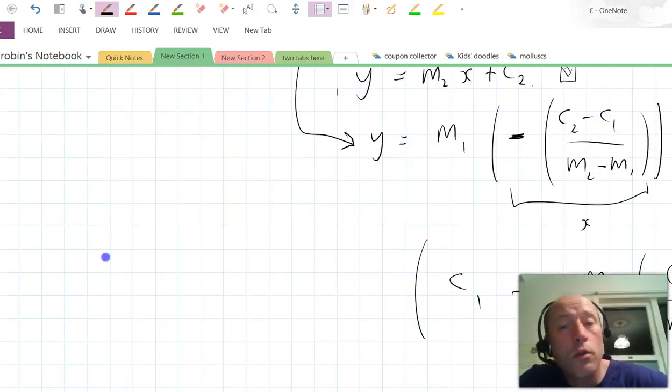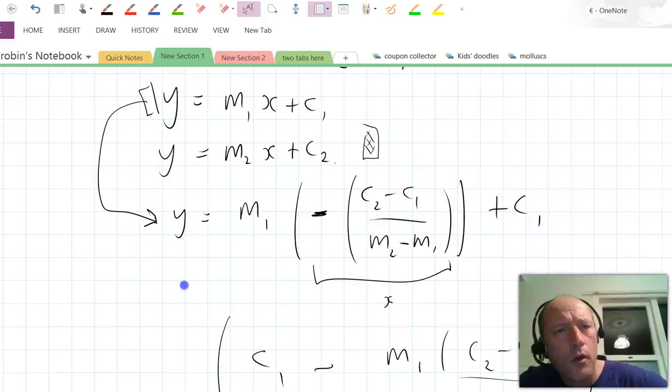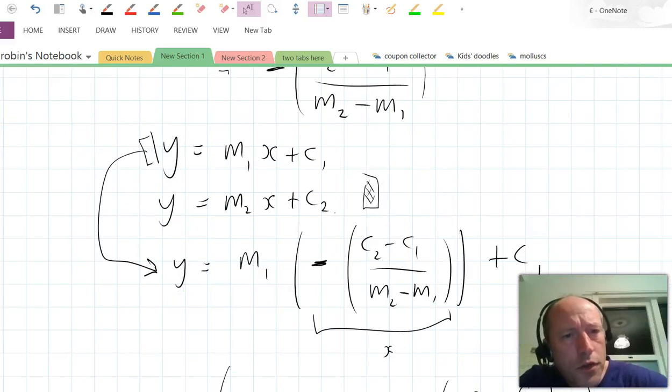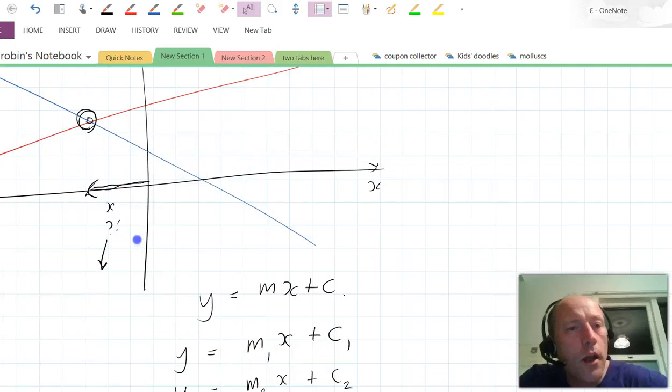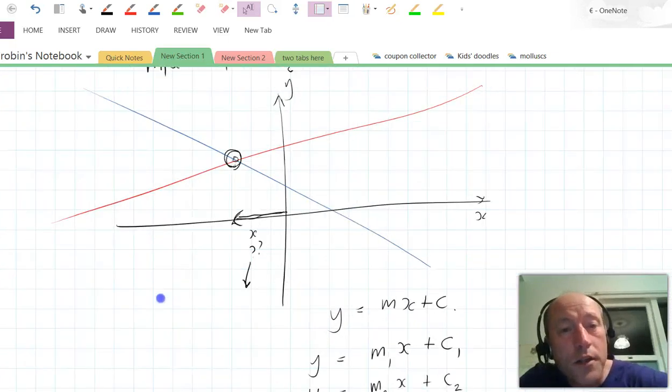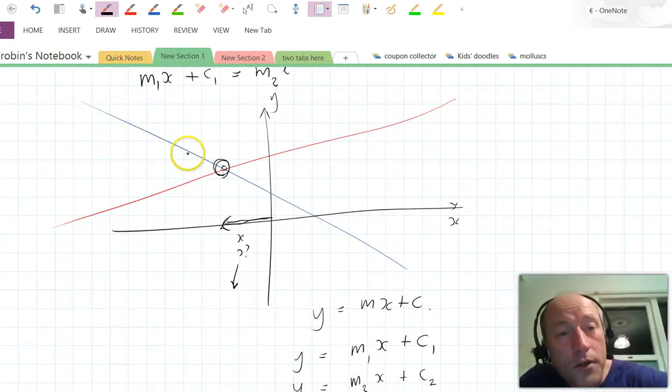So what I'm going to do is, I've used that equation there to get y. I'm going to use this equation. It should be the same value, because where the lines cross, the value of y is the same. Y might be decreasing, decreasing, decreasing on one line, and increasing, increasing, increasing on the other, but at the crossing point the two values of y are the same.